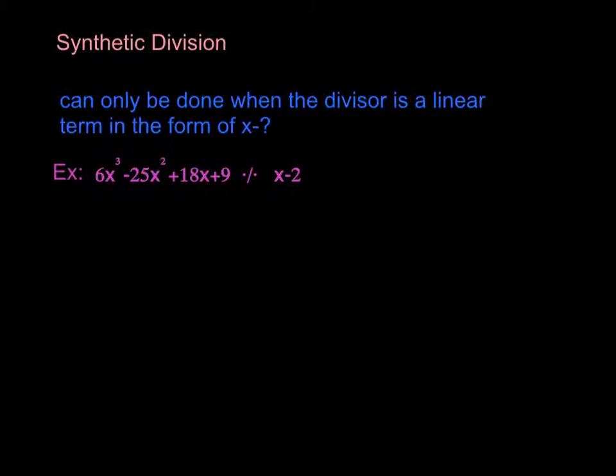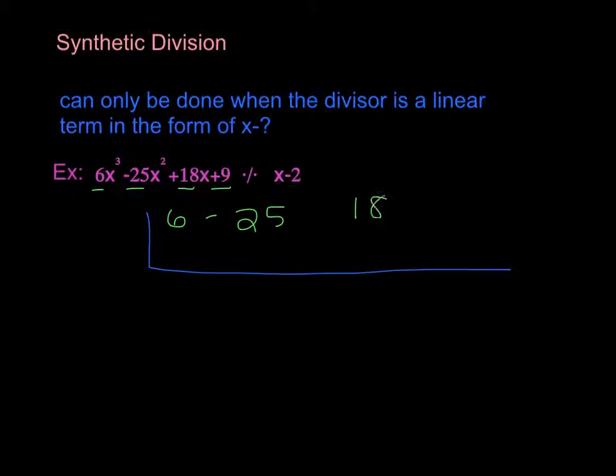So for synthetic division, you're going to take all your leading coefficients, including 0 for any missed coefficients. So you're going to take the 6, the negative 25, the 18, and the 9. And then this x minus 2, if I set it equal to 0, gives me a 2 that I'm going to use on the outside.